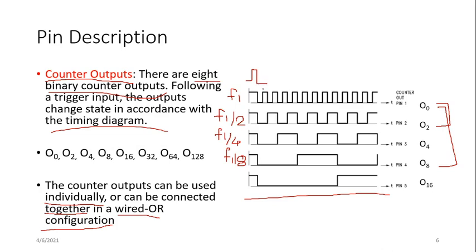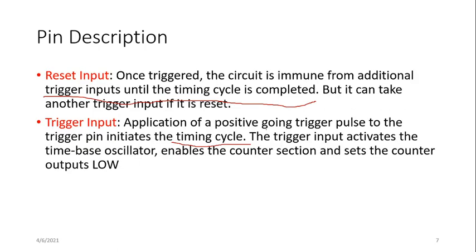When you give the trigger input, the first waveform is generated, then the second waveform, then the third, then the fourth, then the fifth, the sixth, the seventh, up to 128. And after the complete cycle of 128 is completed, only then will it stop. Until that, it will not take another trigger input.